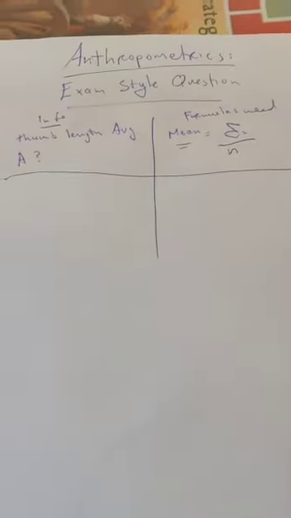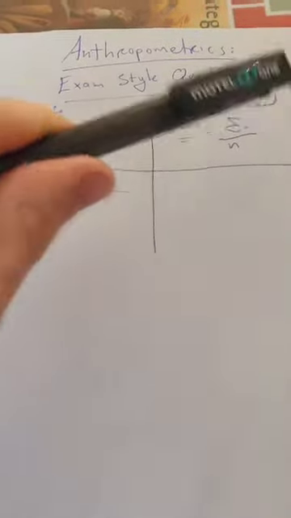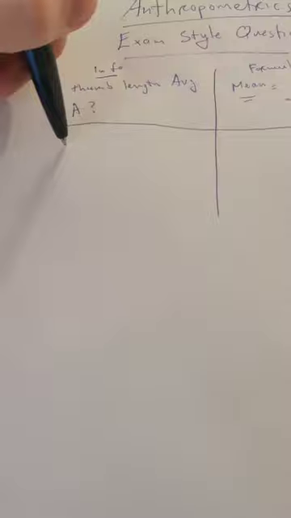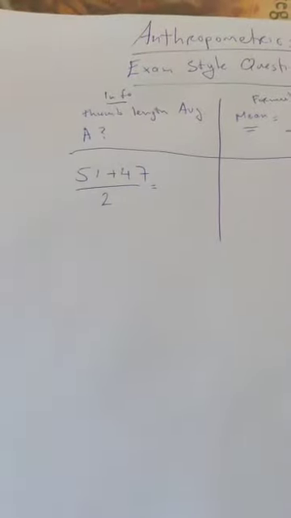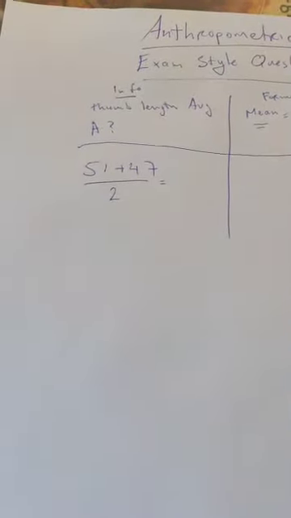So I know that I've got the sum of 51 plus 47. So if we go into our equation here, we've got 51 plus 47 divided by 2, and that is equal to, give me 1 minute, 49.